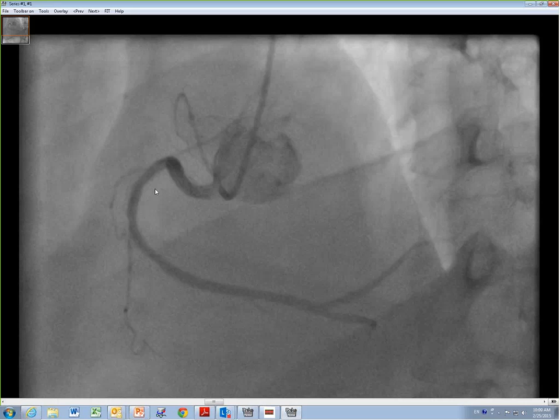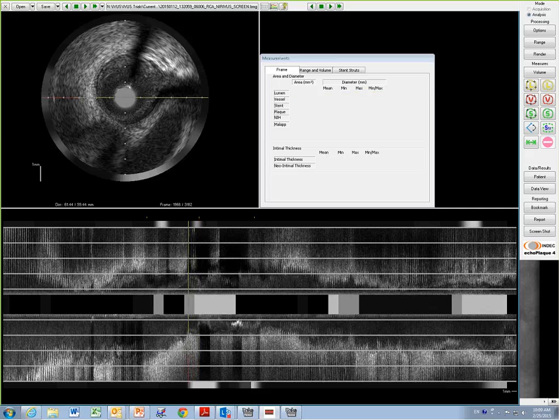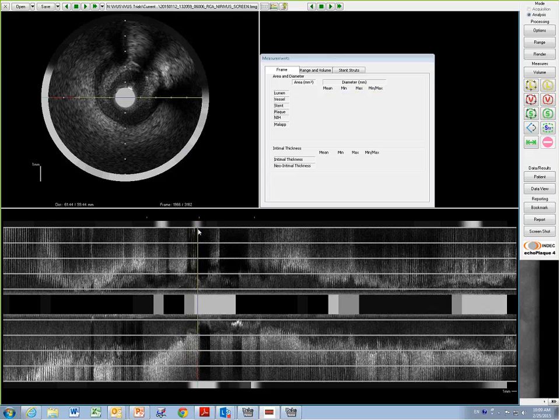I think this case is very important to understand. The side branch is here, and the stenosis is just distal to this.